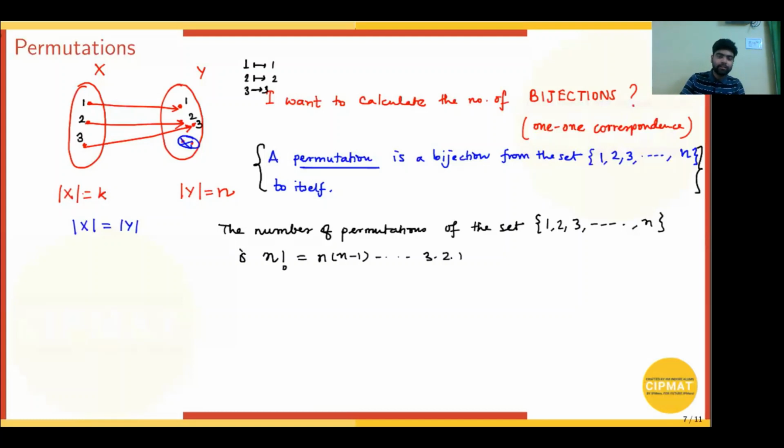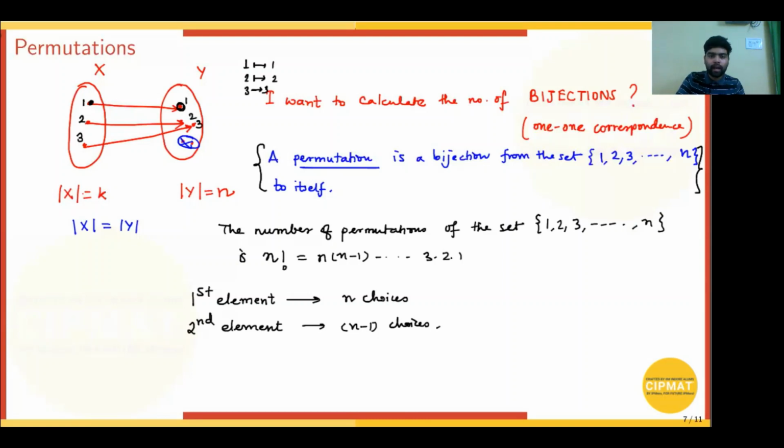You see, the first element over here, how many choices will it have? It is going to have n choices in front of itself. The second element, how many choices will it have? It is going to have n minus 1 choices. Why n minus 1? Because if I have already booked this particular thing to 1, then 2 cannot take 1 again.